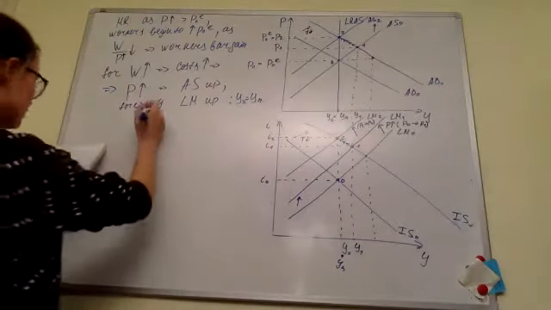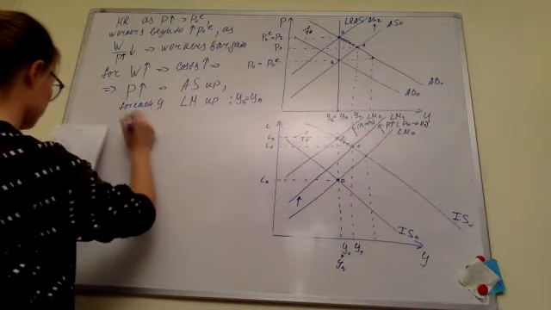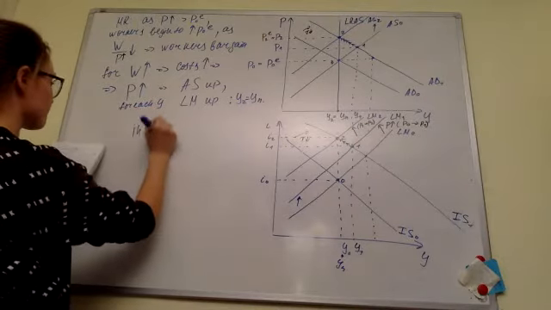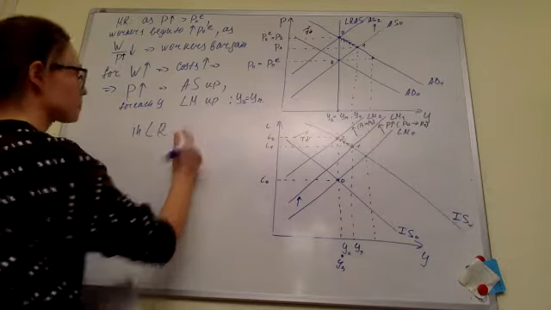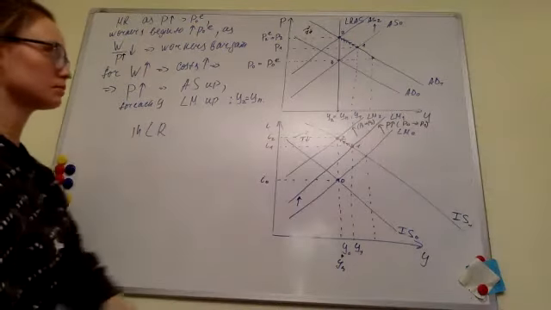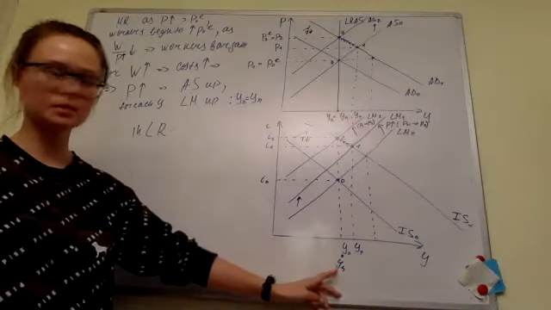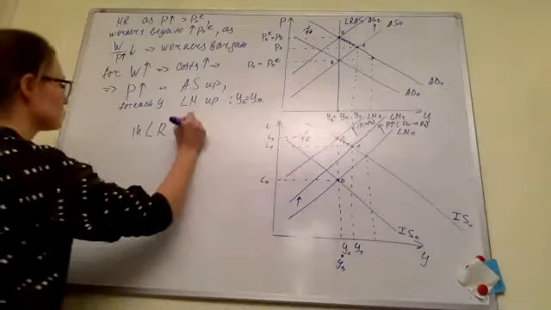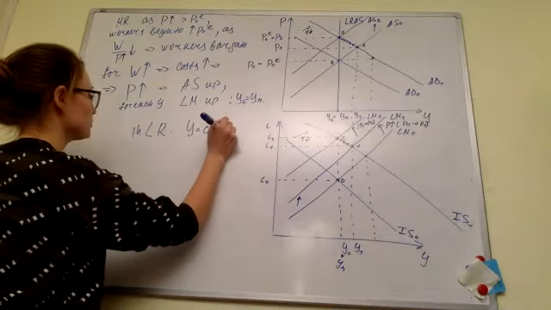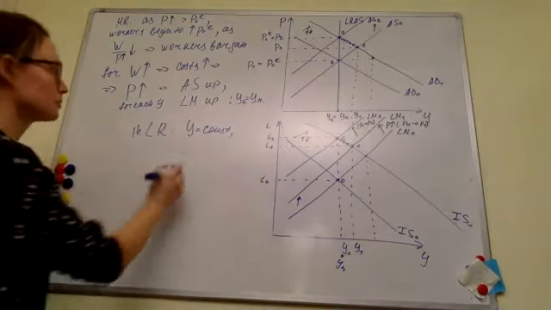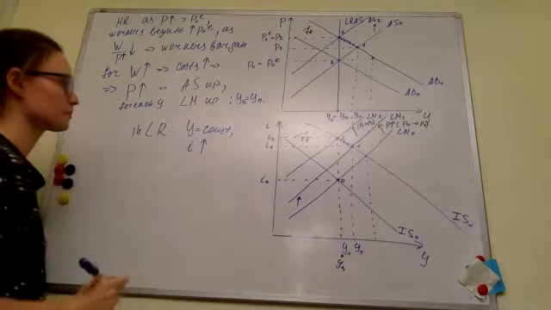Now in the long run, what is happening? You see that the output level stays the same, constant. Our interest rate increased. Prices also increased.